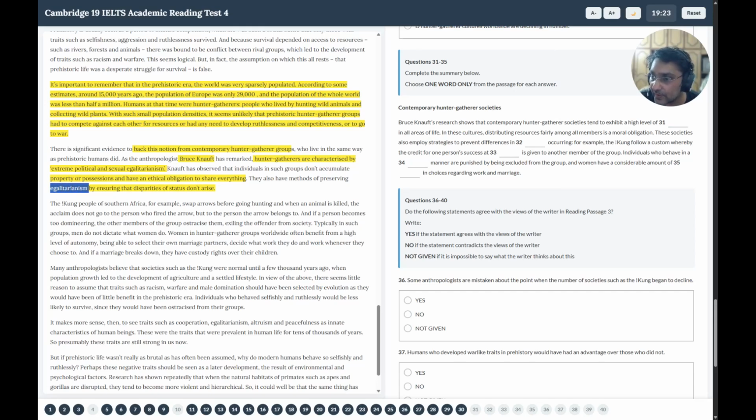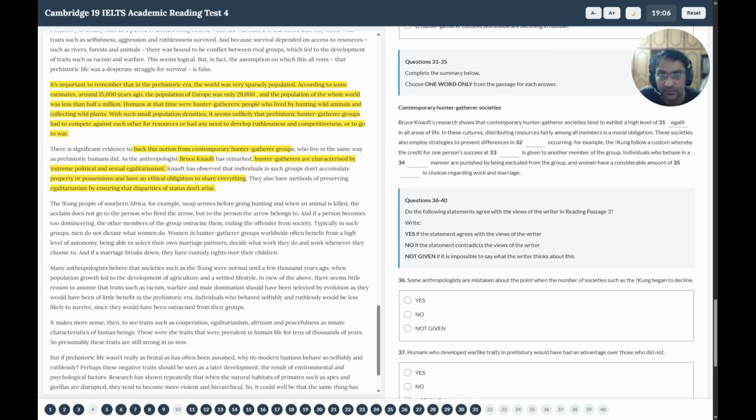Now, if you're confused by the word, just copy, Control C, Control V. In these cultures, distributing resources fairly among all members is a moral obligation. Obligation could not be the right word because it's already stated.